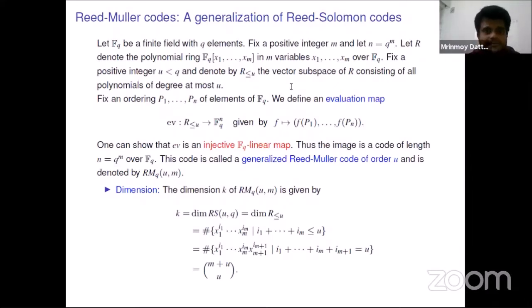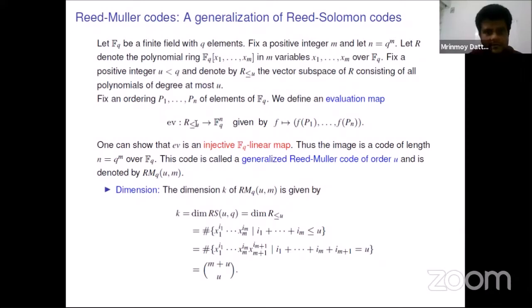So again, just like before, and of course here we introduce one more notation: n is the cardinality of F_q to the power m, so this is equal to q to the power m. Then we fix an ordering again, just like we did for the case of Reed-Solomon codes, and we define the evaluation map as we have done there.